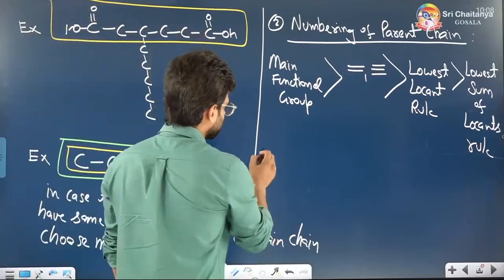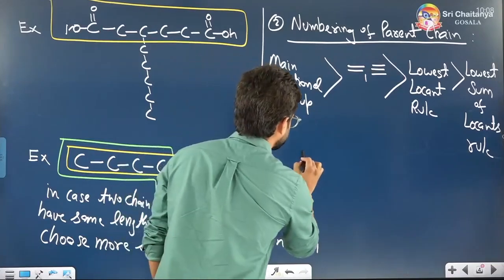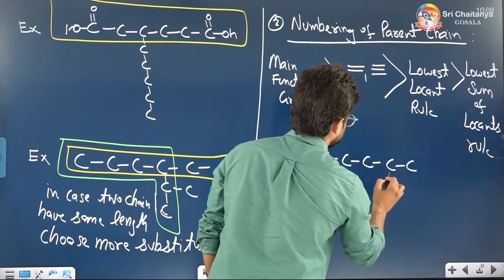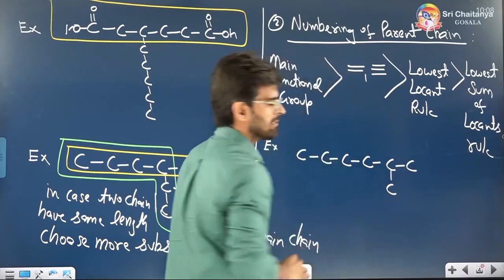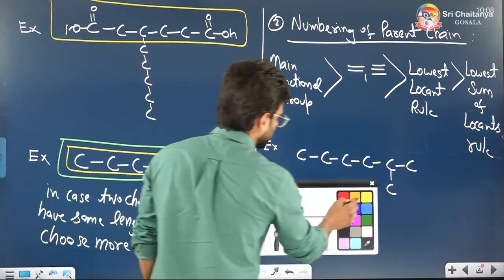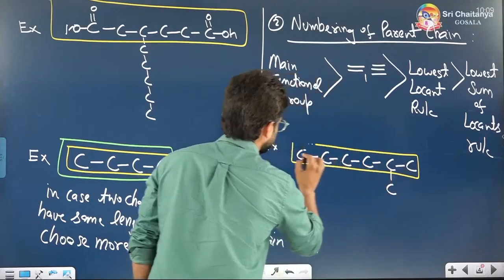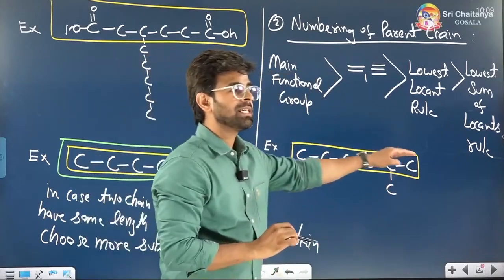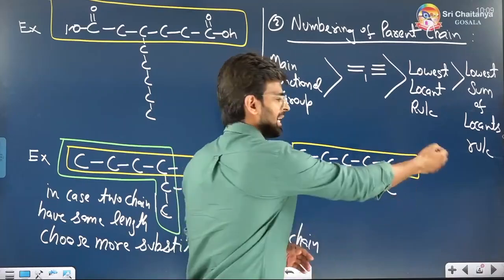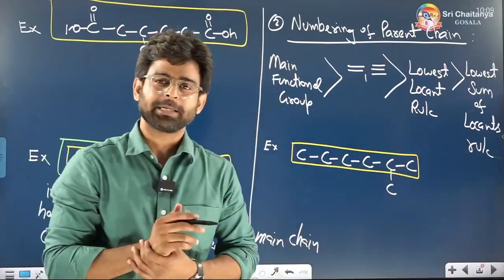I am taking an example. Please give me the numbering carefully. Look at this. First of all, choose the main chain and give numbering. I should start numbering of the main chain from where, left hand or right hand?